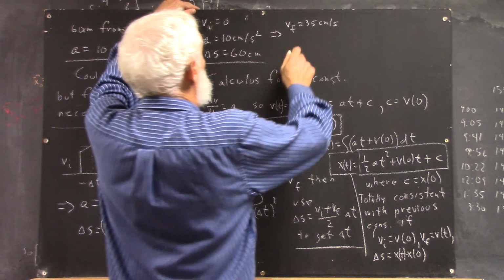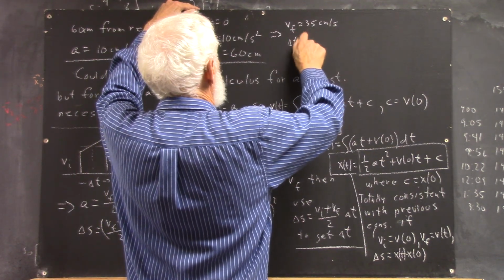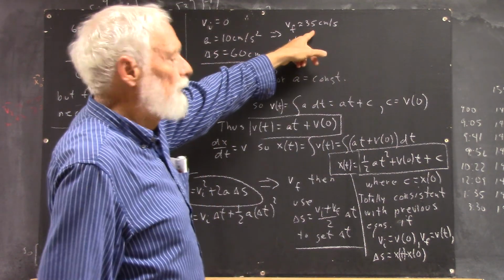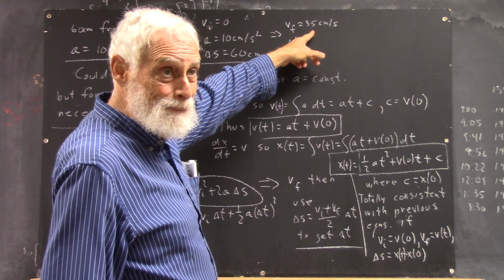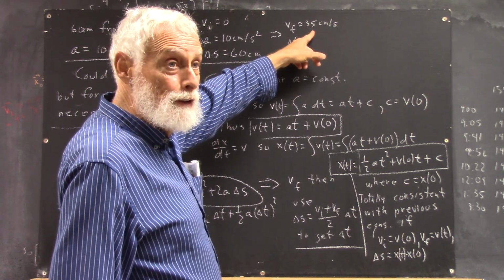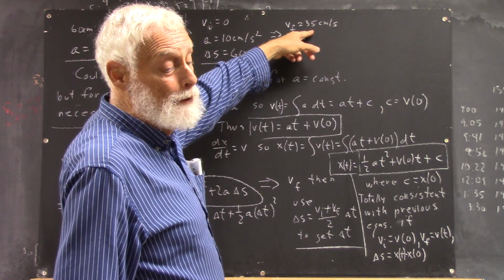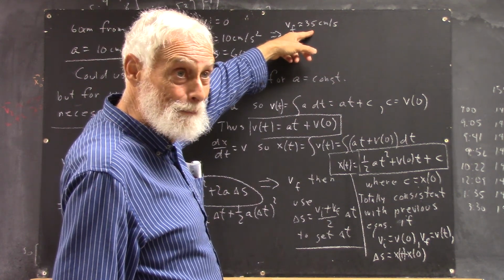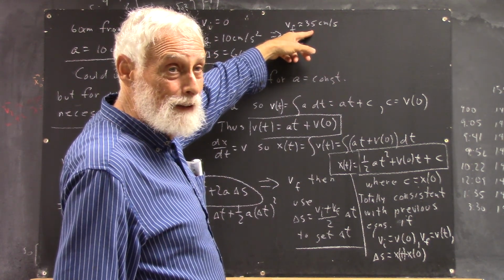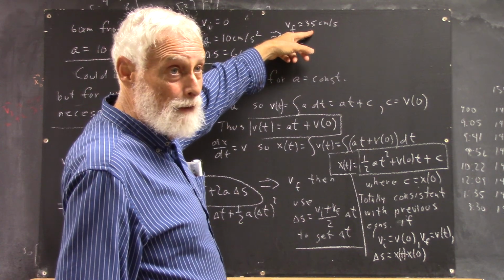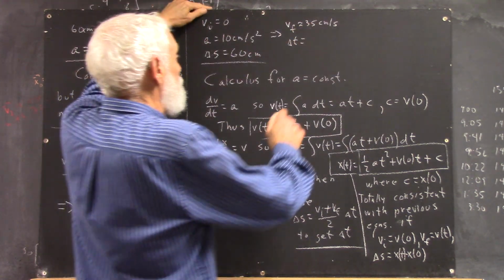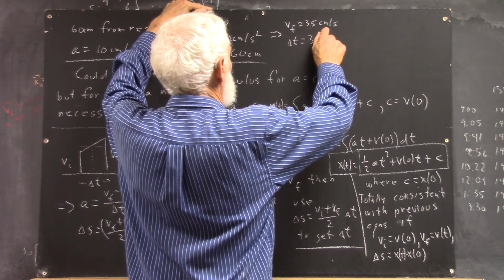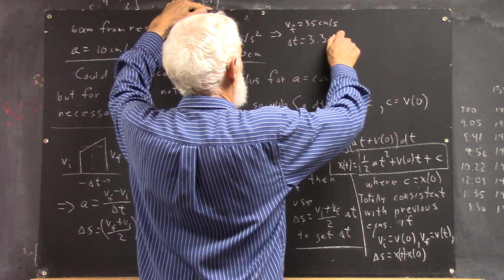And delta T is what? Well, the average is 17.5 centimeters per second. 17.5 goes into 53.5 three times, right? Leaving about 6.5. So it looks to me like delta T should be about 3.3 or 3.4 seconds.